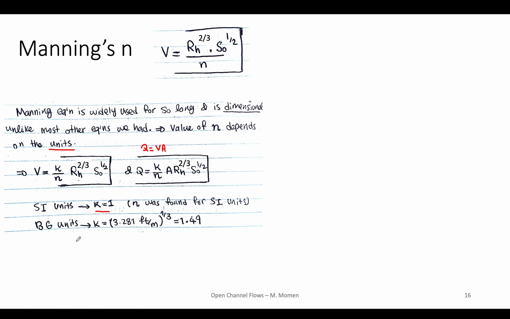And if you have British units, you just set kappa to 3.281 foot per meter to the power 1/3, which is going to be 1.49. So you just set kappa to this, and then you will get velocity in terms of foot per second.